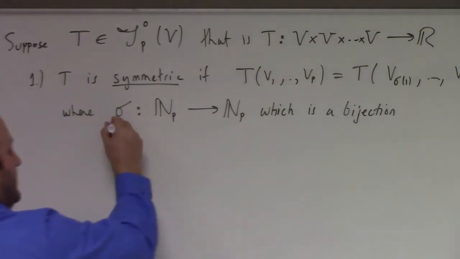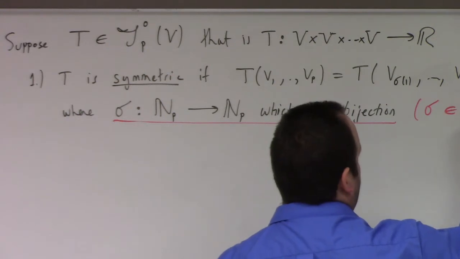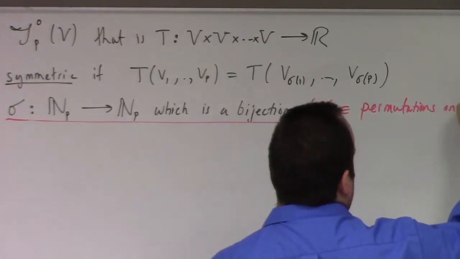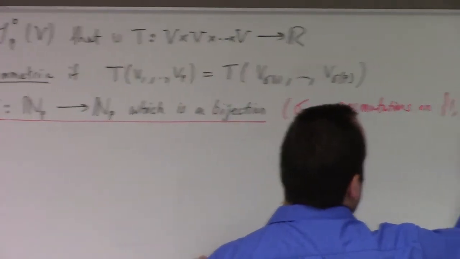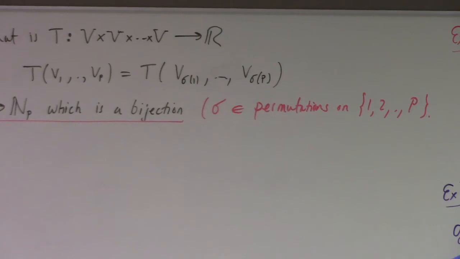So this makes sigma an element of the permutations on 1, 2, through p, all right? So basically, it's symmetric. What that means is you can shuffle the inputs however you like. The output's the same. That's complete symmetry of the tensor.